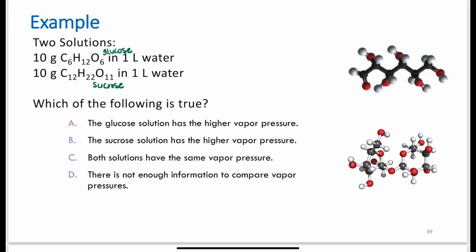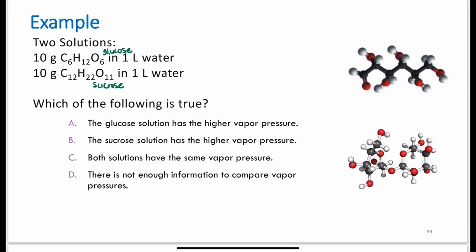So students are going to want to say D, but that's not actually correct. There is enough information here to actually compare vapor pressures. And they do not have the same vapor pressure. This is confusing, but I want you to think about this conceptually. I have 10 grams of each one. But this example is important because it reminds us why we can't compare grams, but rather we compare moles.